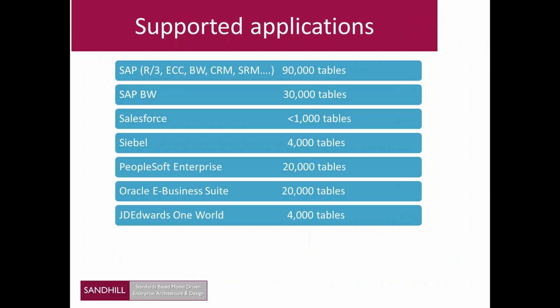So just to give you some idea about how big these packages are, these are very round figures, but a typical SAP ERP system is, believe it or not, in excess of 90,000 base tables.